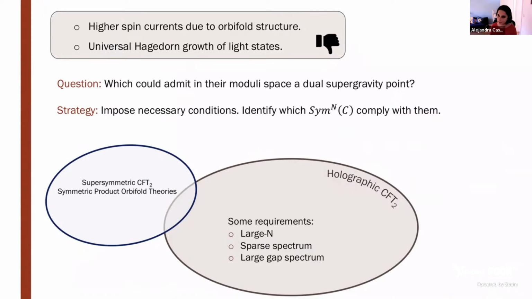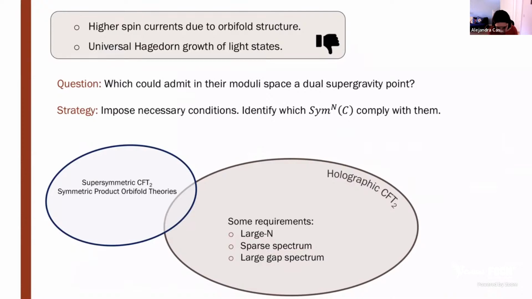Of course, if you're a strong believer in AdS/CFT, you will say a CFT is always by definition holographic. But what I mean by holographic CFT is a strongly coupled point where some of the basic requirements are that you have a large N, a sparse spectrum, and a large gap in the spectrum. These are requirements that we know a holographic CFT should comply with.